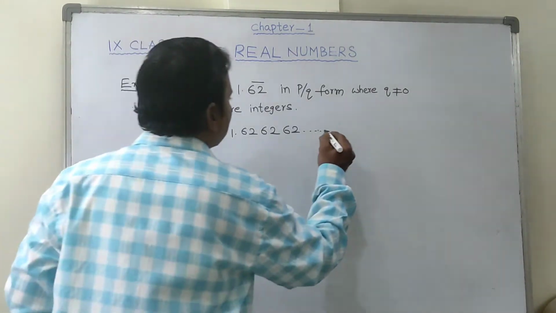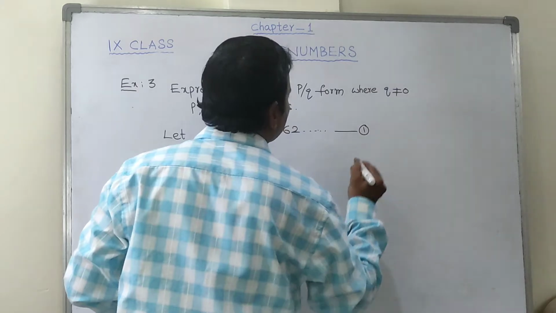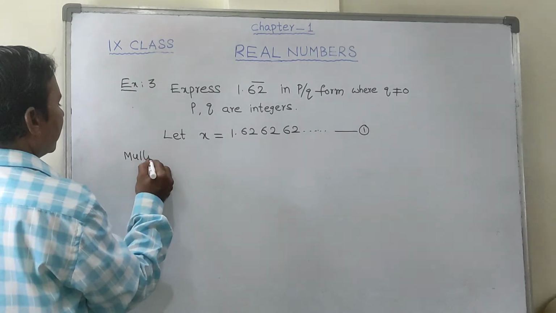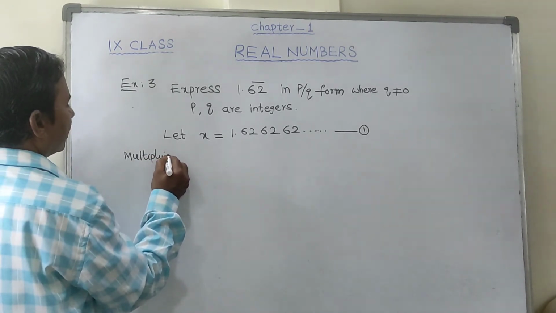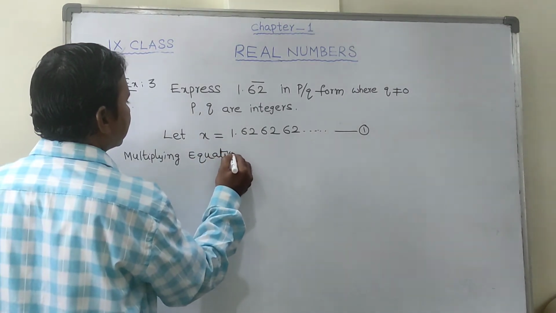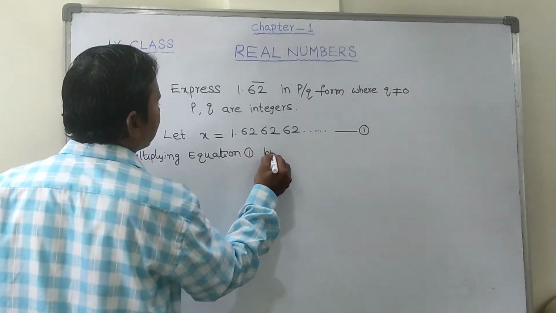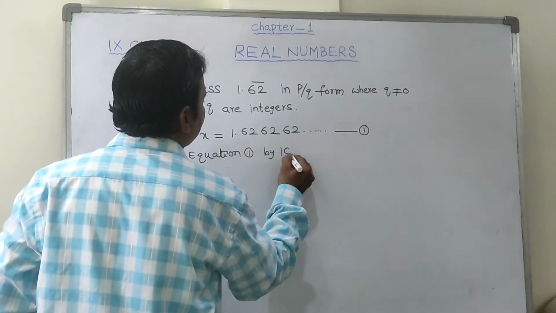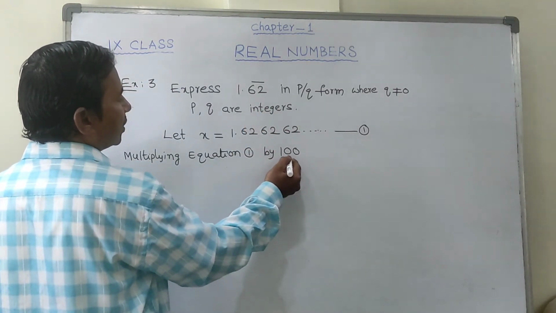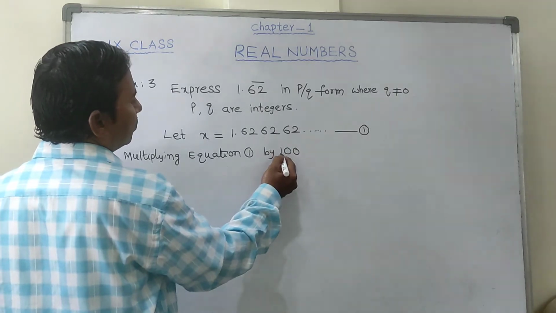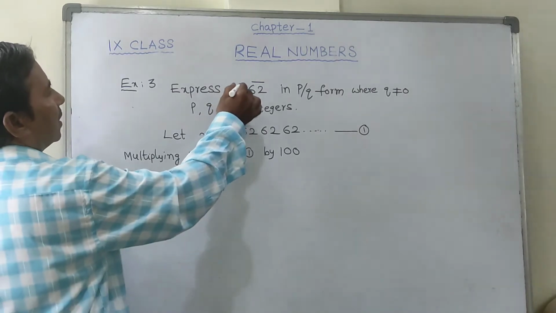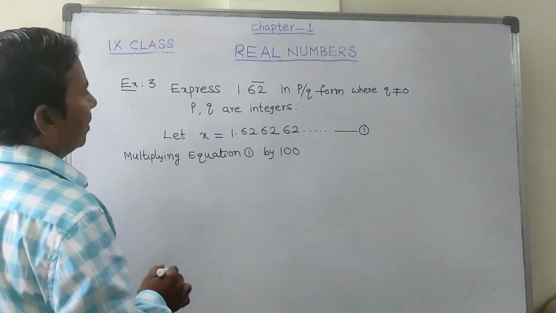Now let us consider this as the first equation. Now multiply equation 1 by 100. Why? Because if 2 digits are recurring, you have to multiply with 100. If 3 digits, you have to multiply with 1000. That is depending upon the number of recurring digits.